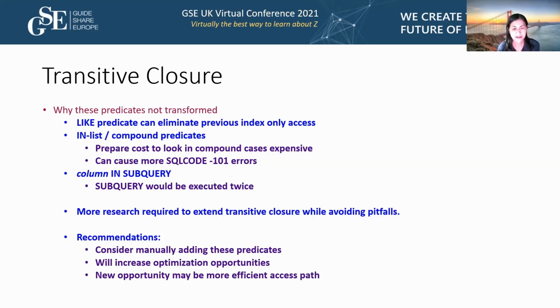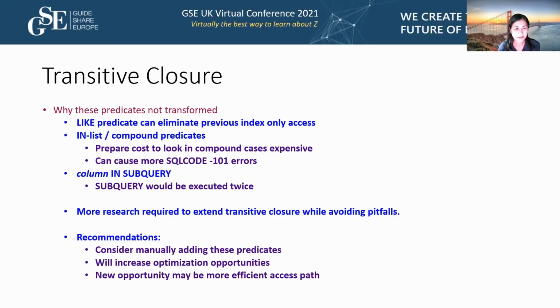So if the IN list contains a huge number of entries, generating duplicate new predicates can cause SQL code -101. For a column in a subquery, we don't transform the cases when the predicate contains a column in a subquery, because in this case, an additional predicate would cause the subquery to be executed twice. Therefore, more research is needed to extend transitive closure.